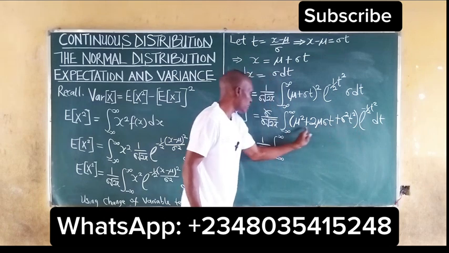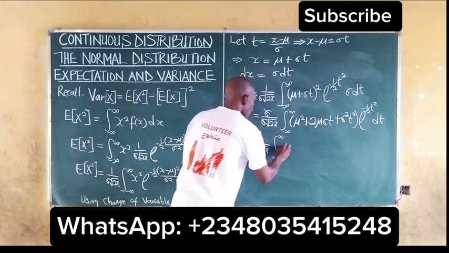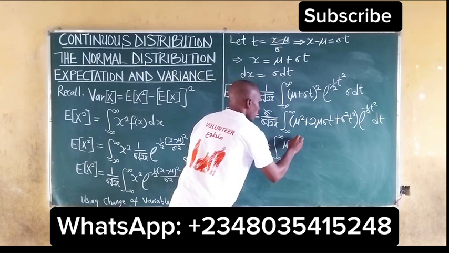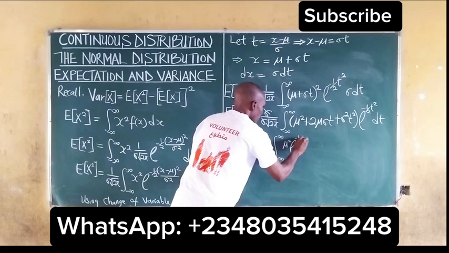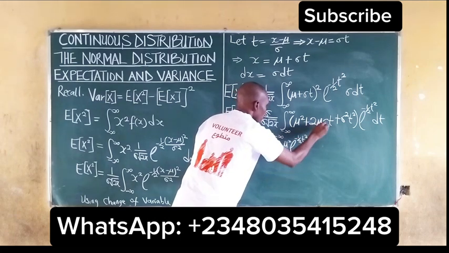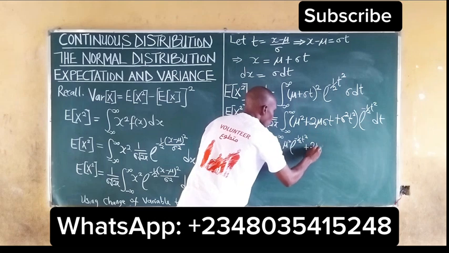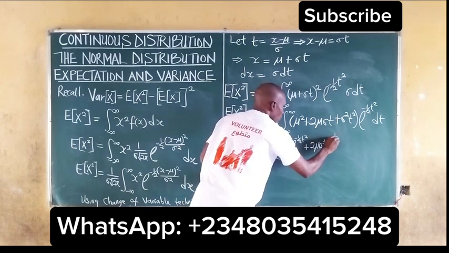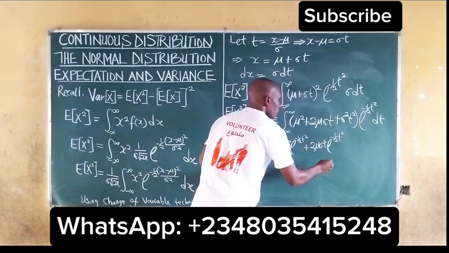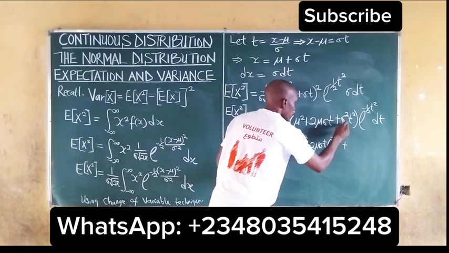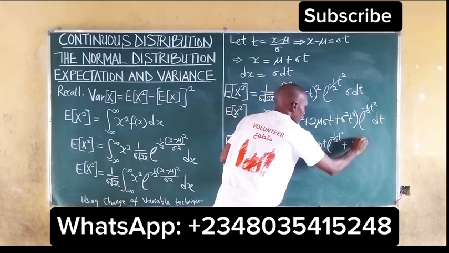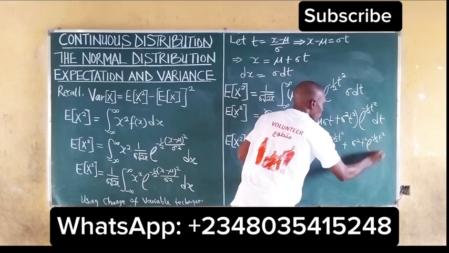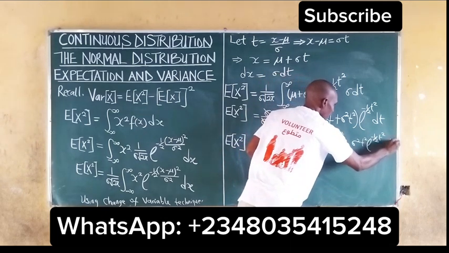Now we can multiply this by everything here to give us mu squared exponential negative 1 all over 2 t squared, plus 2 mu sigma t exponential negative 1 all over 2 t squared, plus sigma squared t squared exponential negative 1 all over 2 t squared, then dt.